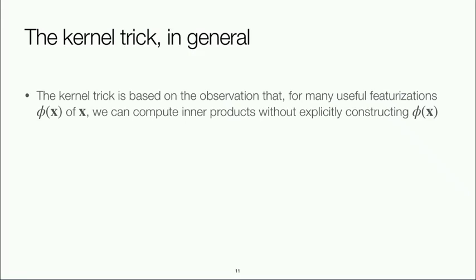So if we can work in our original d-dimensional feature space, but implicitly be using these higher dimensional features, that's a big win, right? Because we allow ourselves to use linear models in these higher dimensional feature spaces, but we don't have to pay the time or the space to actually be naively working in that higher dimensional feature space.